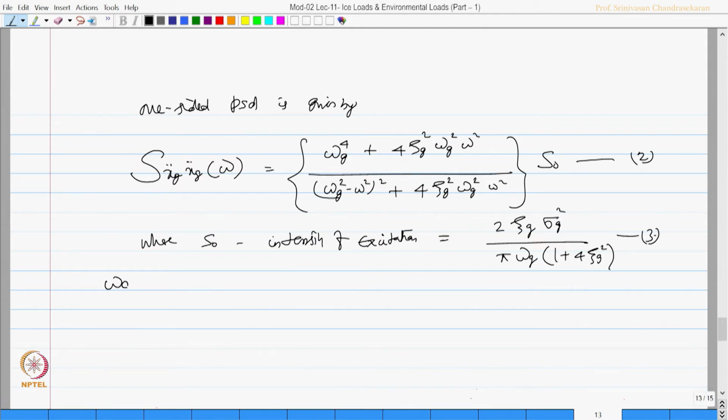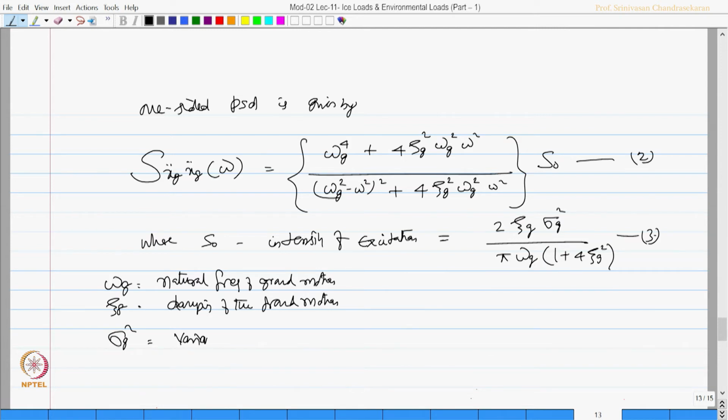Omega g is natural frequency of the ground motion, zeta g is damping of the ground motion, and sigma g square is variance of the ground motion.